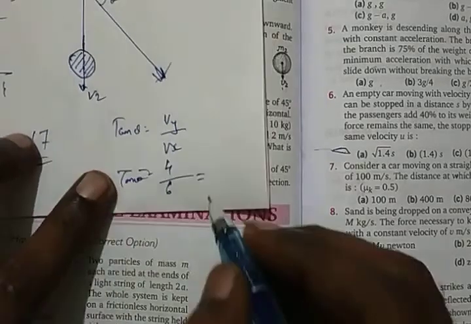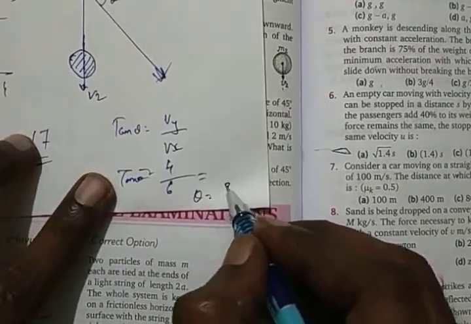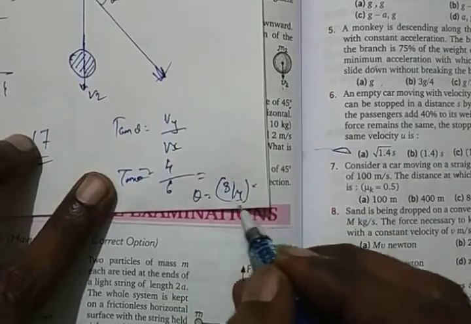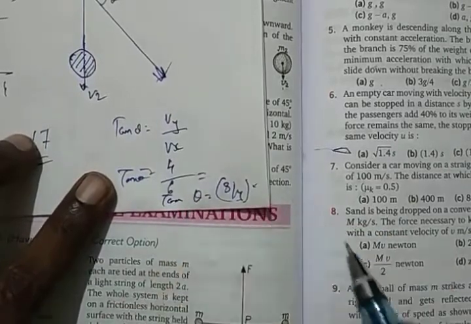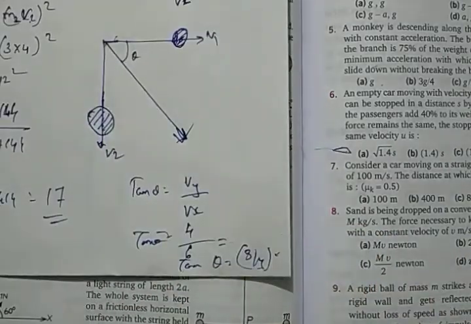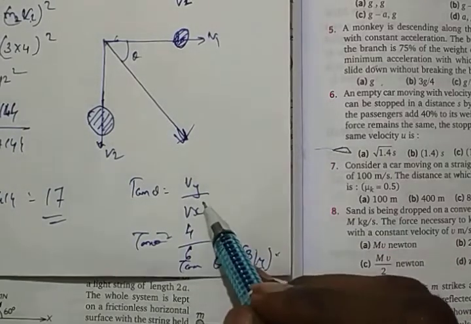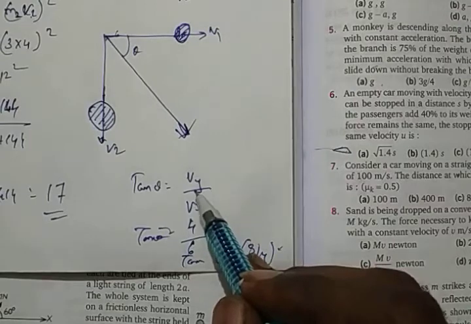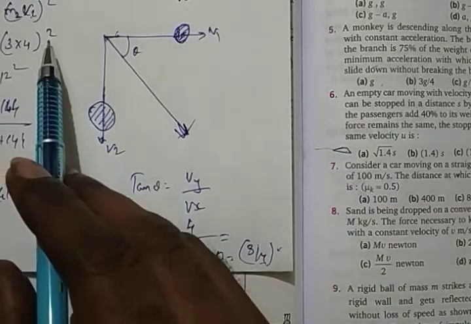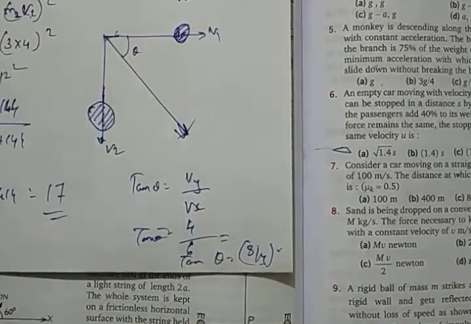Theta is going to be tan inverse of 3 by 4. Right? So Vy upon Vx, and Vy is 4. Alright.